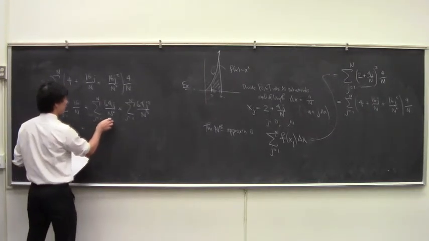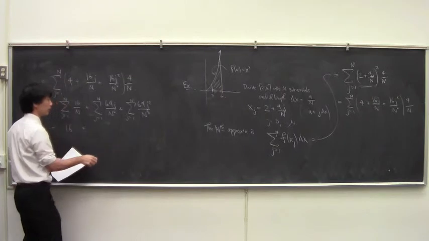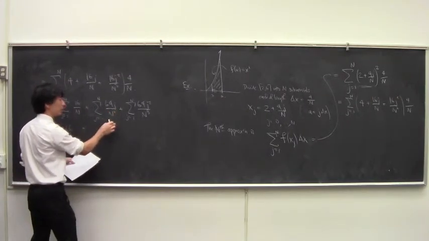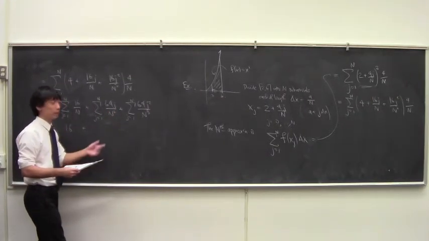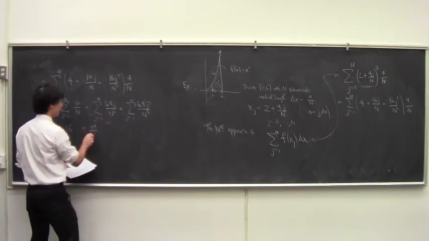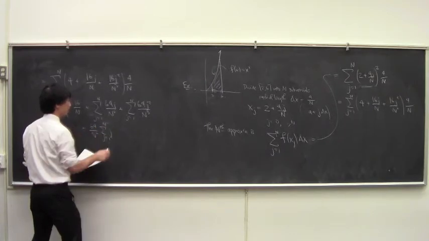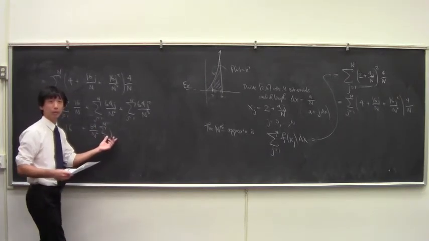Next thing that happens, we get this 64 over n squared times j, right? So we get 64 over n squared times 1, 64 over n squared times 2, 64 over n squared times 3, etc. We get 64 over n squared times 1 plus 2 plus 3 plus 4 plus 5, all the way up to n.